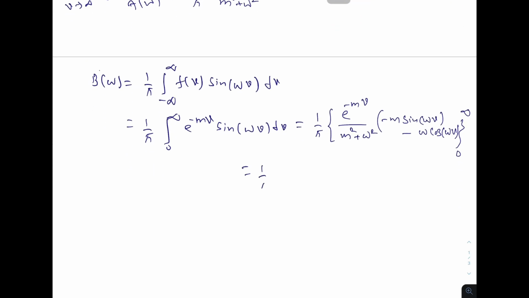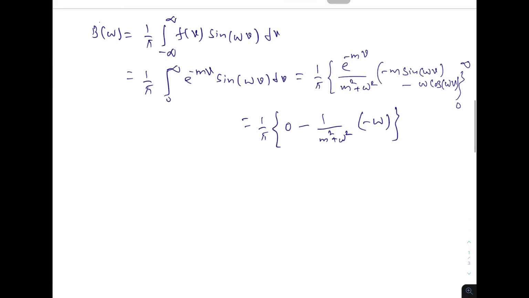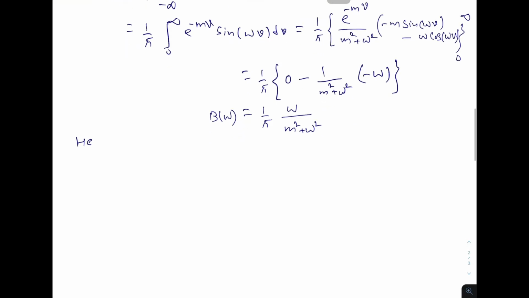Same way here, when we take infinity the upper limit is 0. When v is 0, sin 0 is 0 and cos 0 is 1, so this gives minus omega. So b(omega) is 1 over pi times omega over m square plus omega square.